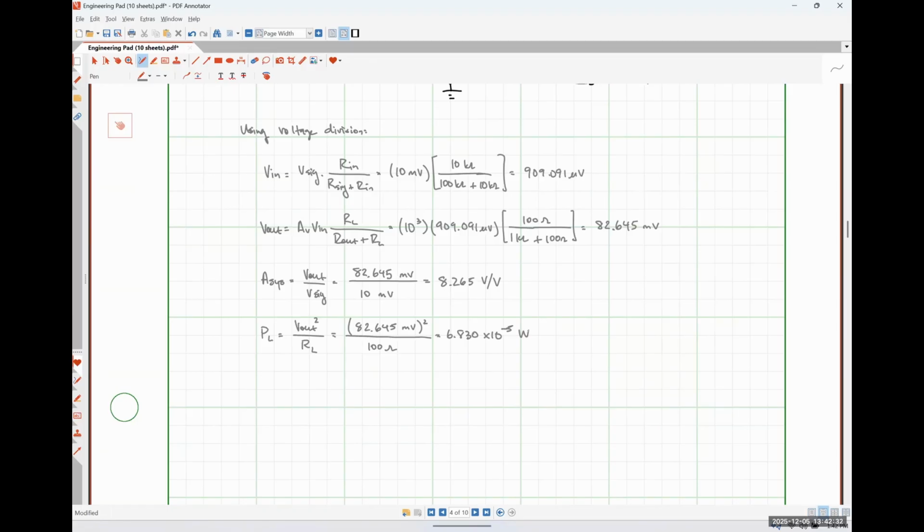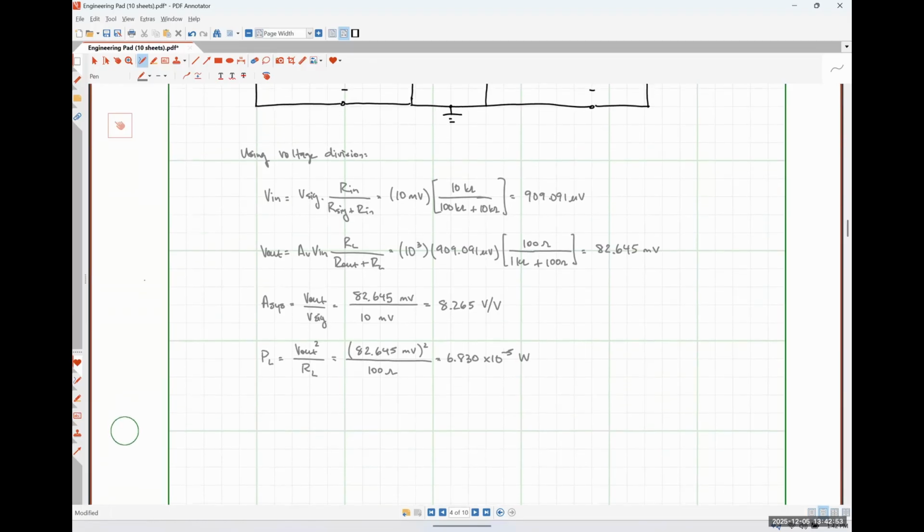So previously we were at 10 to the minus 13 watts. Now we're at 10 to the minus 5 watts. So based on my simple math, that's a factor of 10 to the 8 difference. So that's what, 100 million times more power? So pretty significant, right?